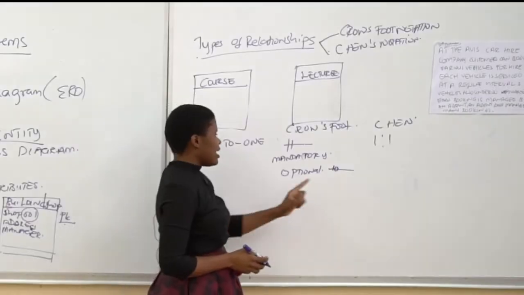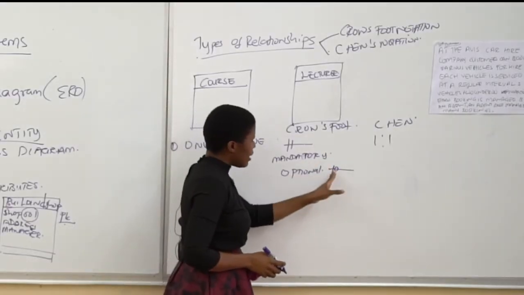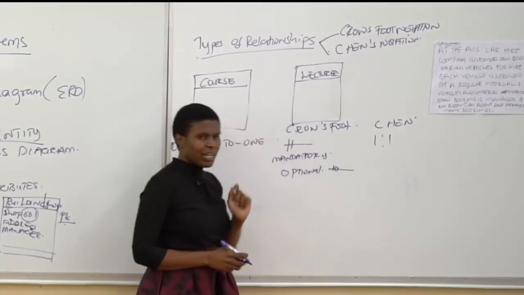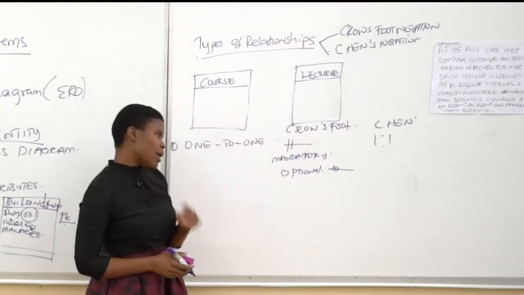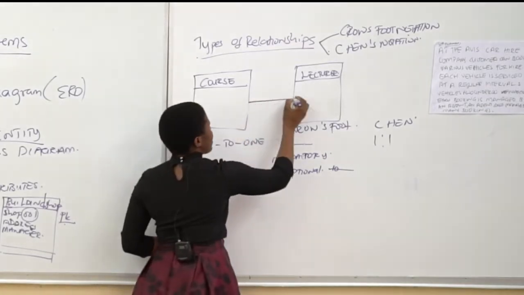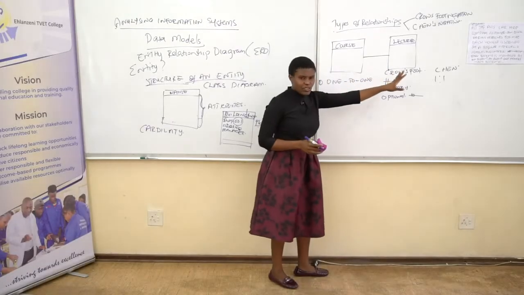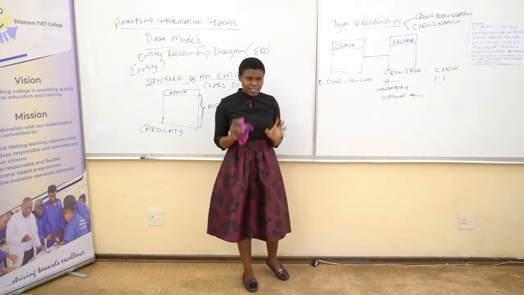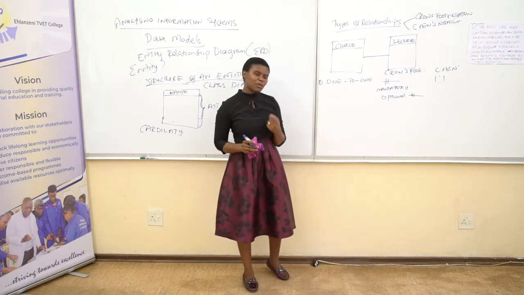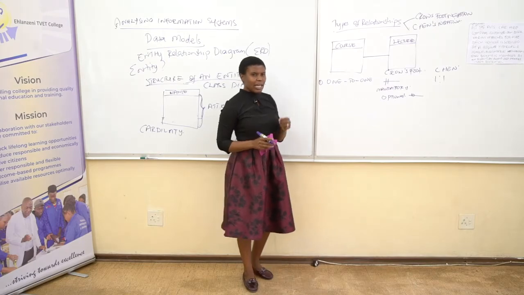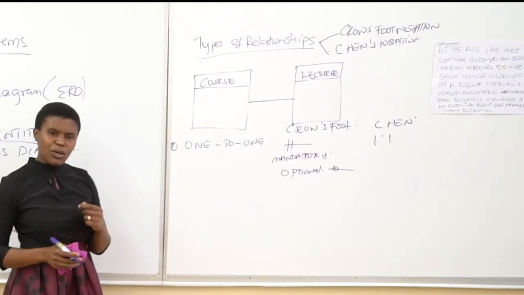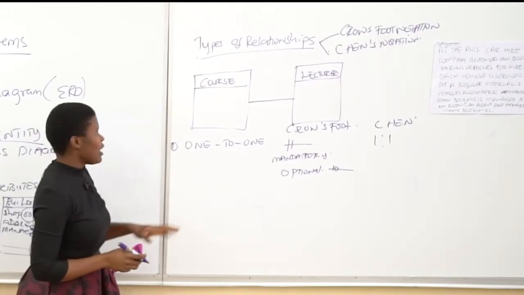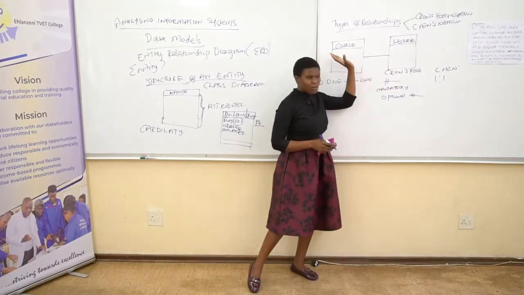This means that I can either have a relationship or not. I choose to have a relationship or not. How am I going to represent that? If you are looking at an example of a course and a lecturer, you know that in colleges there are different lecturers who teach different subjects. It's possible that I am an IT lecturer and there is a subject in accounting which I cannot teach. Therefore, it is not mandatory for me to teach that course.